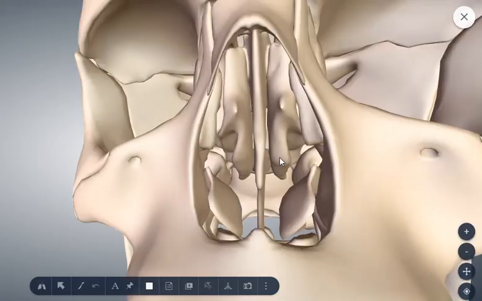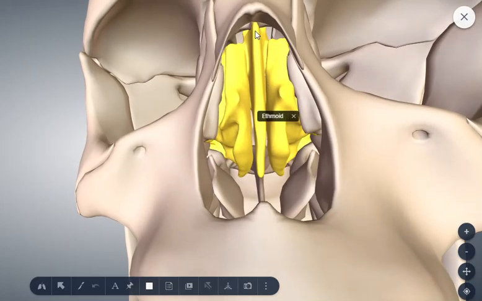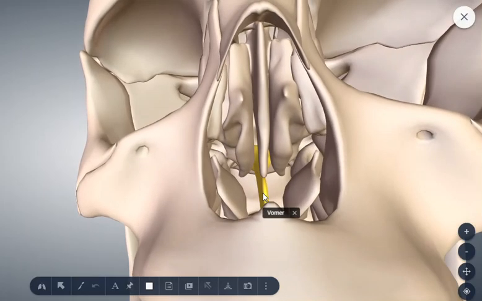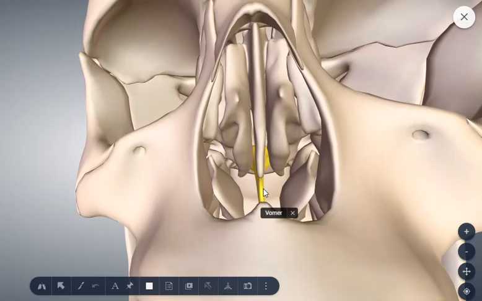Now let's take a closer look at the nasal cavity. The nasal cavity has a triangular shape, and is divided by a nasal septum into an upper portion and a lower portion. In the upper portion, you will find immediately the perpendicular plate of the ethmoidal bone, and in the lower portion, you will find the vomer, which is another bony projection just beneath the perpendicular plate of the ethmoid.